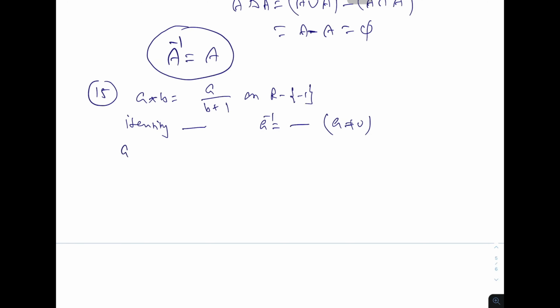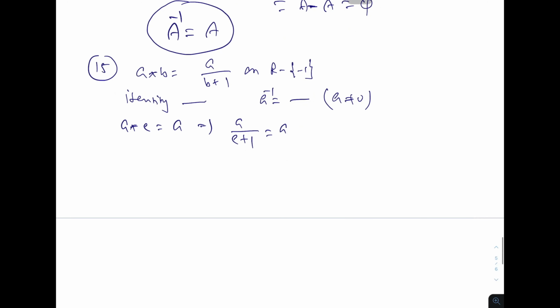Identity means what? A star E equal to A implies A over E plus 1 equal to A, and this would imply 1 over E plus 1 equal to 1. So E plus 1 equal to 1, and this would imply E equal to 0. So this is the identity.